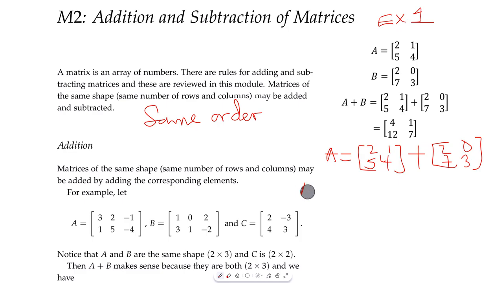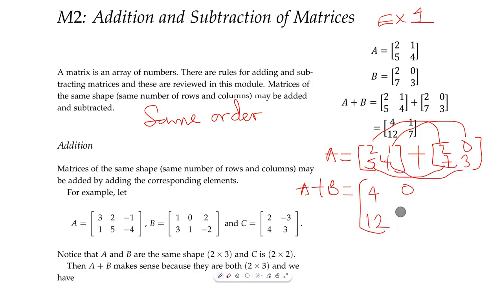So when you want to do your A plus B, it will be 2 plus 2 is 4, 1 plus 0 is 1. Do you understand that? So that is the first thing. Then 5 plus 7 is 12, 4 plus 3 is 7.